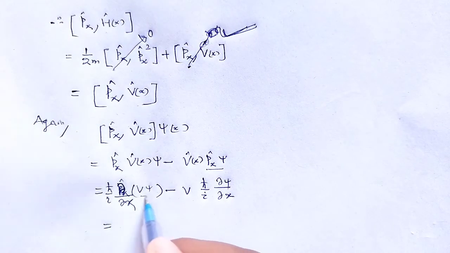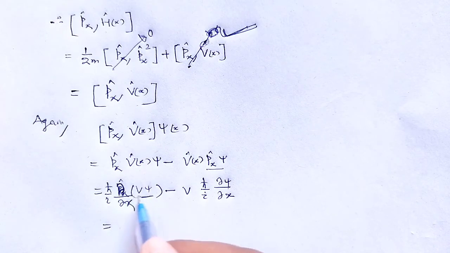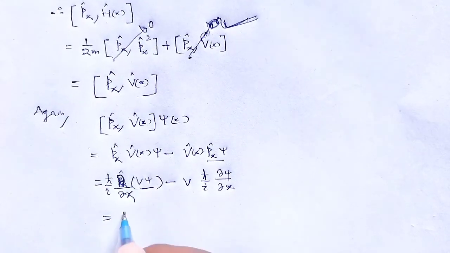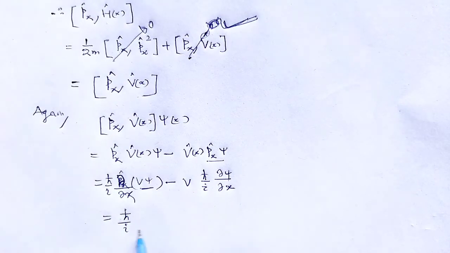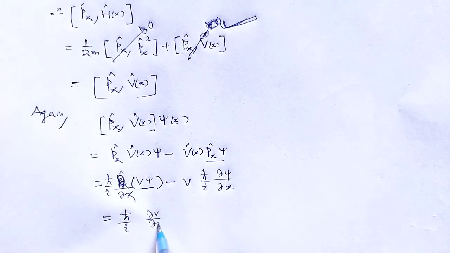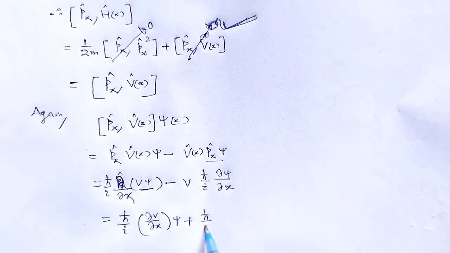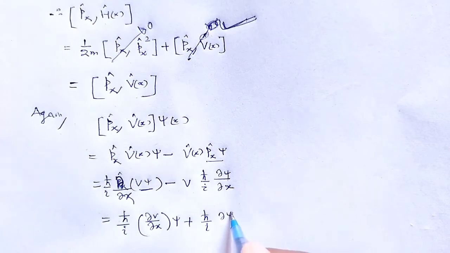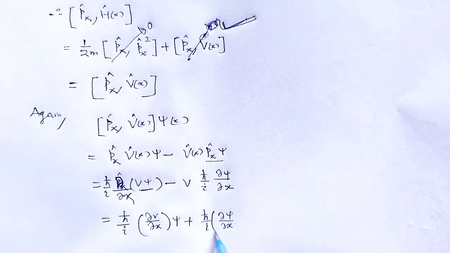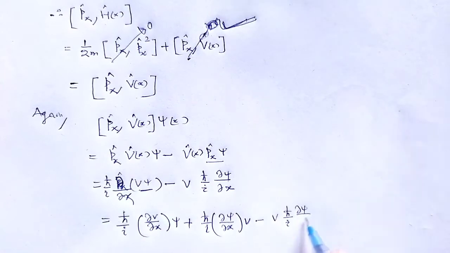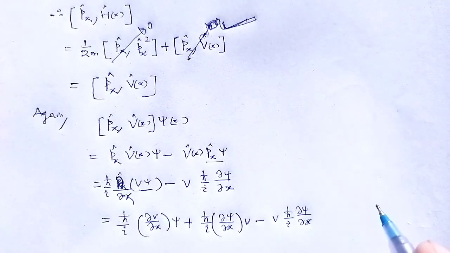When del by del x acts on V psi, two terms are multiplied, and in its differentiation we take the derivative of the first term with the second treated as constant, and the derivative of the second term with the first treated as constant. That gives ħ by i del V by del x times psi plus ħ by i del psi by del x times V, minus V ħ by i del psi by del x.